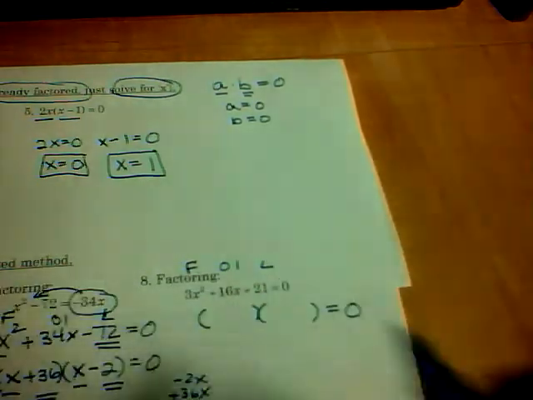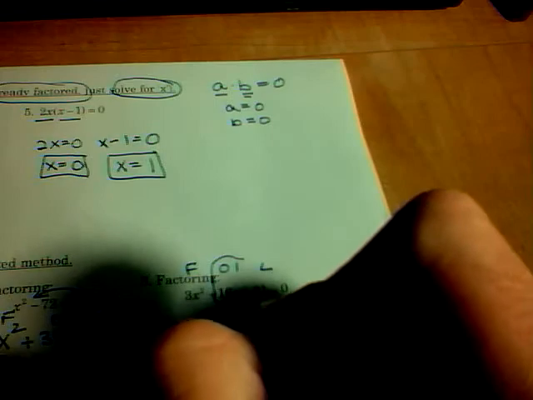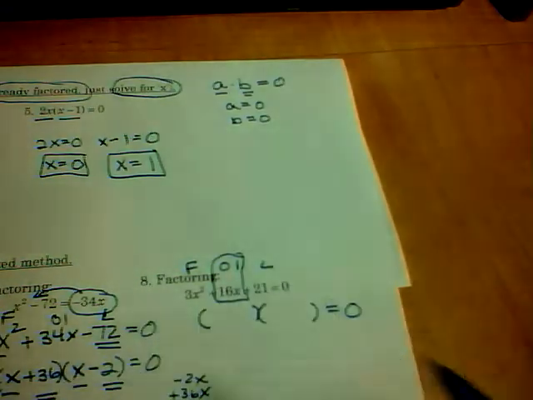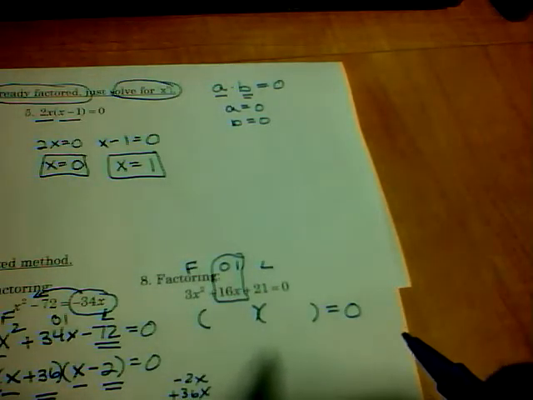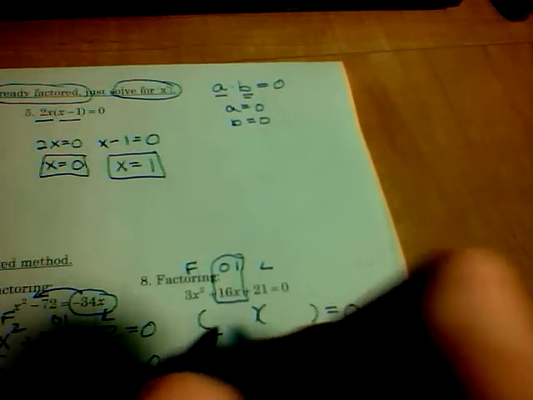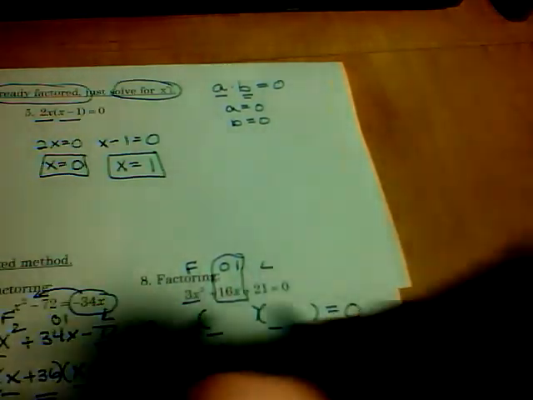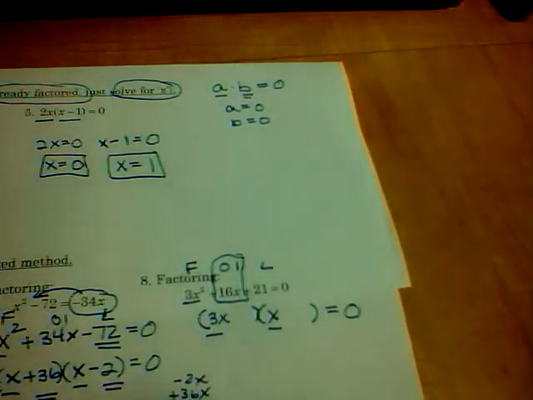So the first term is going to get you 3x squared. The most important part is that the outers and inners are going to get you that positive 16x. And the last term is going to get you 21. So first term times the first term gets you the first term. So that's going to need to be a 3x and an x, because we have no real options there for factors of 3.